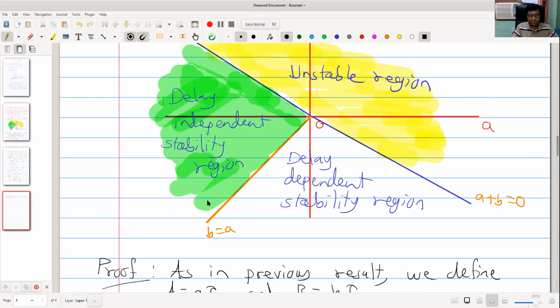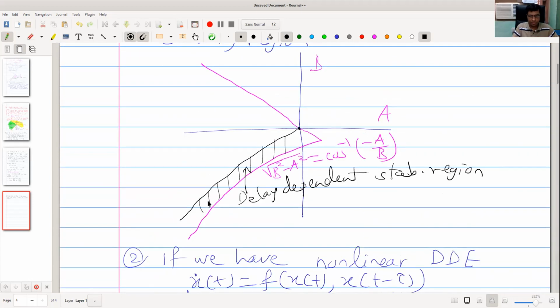So this straight line, this is capital A equal to B. This lies in stable region.